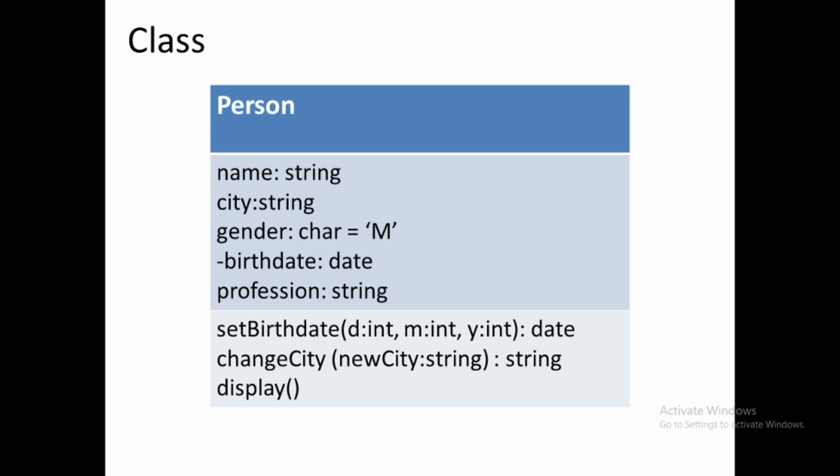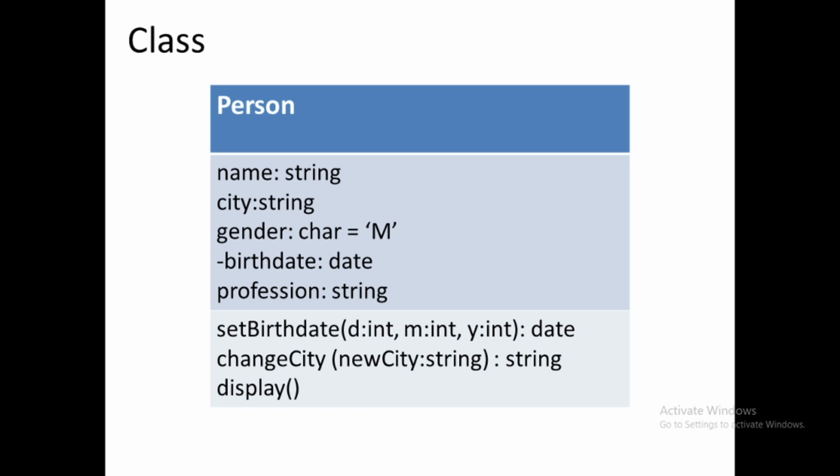So remember, in a function there are two things, parameters and return value. So whatever information we write inside round bracket, that is known as parameter, and then we can specify return value. It means when this function is executed, what it returns at last. Set birth date function returns date. Same way, change city function returns string.